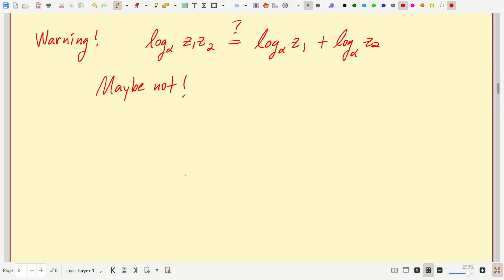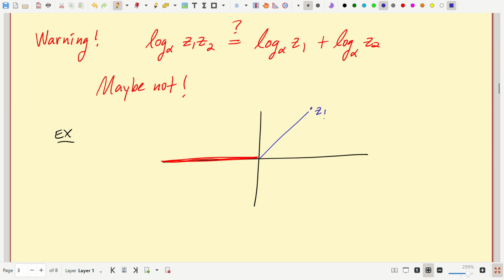Let's see, what's an example? I'm going to use the principal branch, so my branch cut is over here. If my z1 and z2 are both in the first quadrant, I'd be safe. So I'll have a z1 here, and how about a z2 over here?